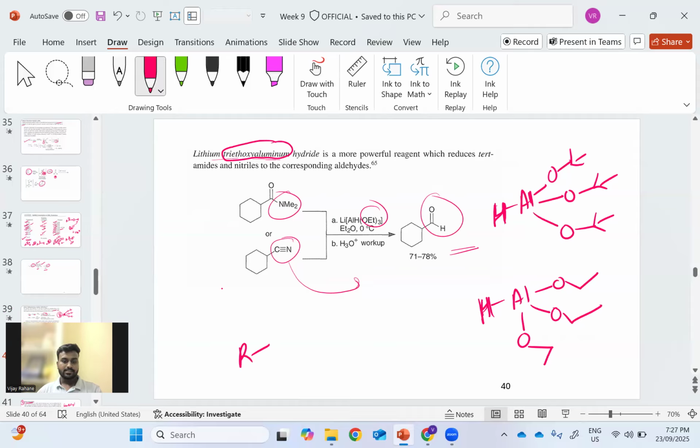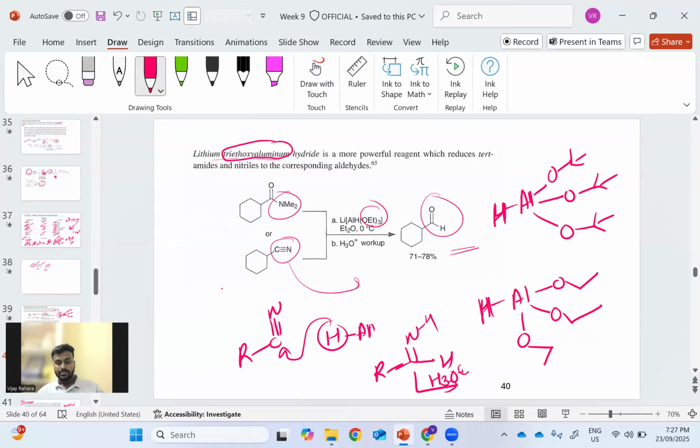or let's say C triple bond N. In that case, only one hydride attack with this reagent takes place. So it will first lead to the formation of RC double bond NH, and upon hydrolysis, this imine can convert into the aldehyde, right? So that's the reaction. I believe you are aware of this reaction.